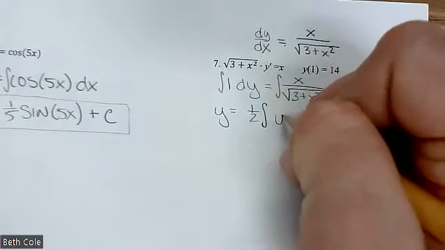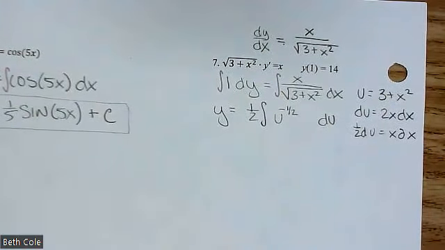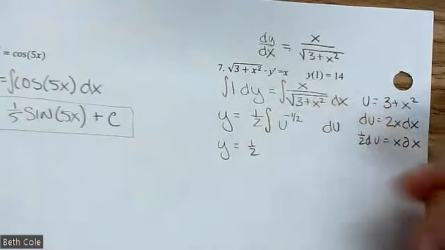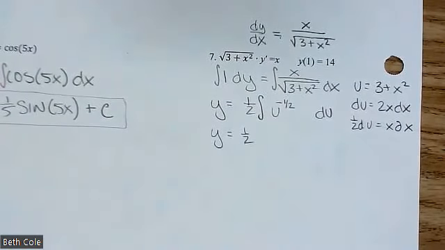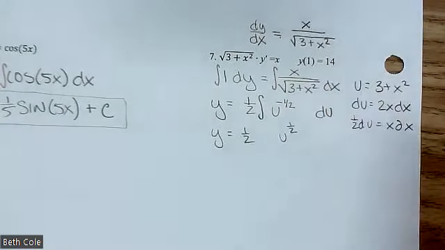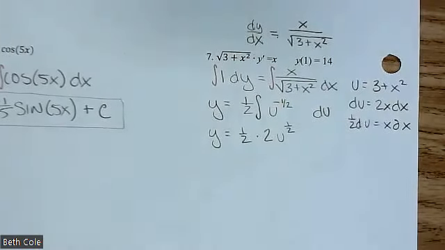So it would be u to the negative 1/2. 1/2 because it's a square root, negative because it was in the denominator. All right, so now we're going to do the antiderivative. You add 1 to the power. So negative 1/2 plus 1 is positive 1/2. And so out front, you need a 2.